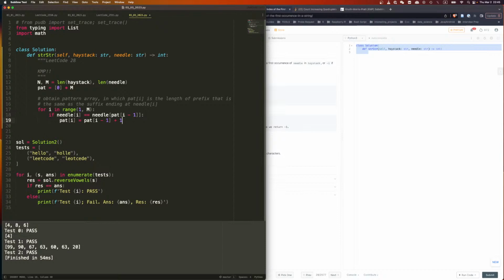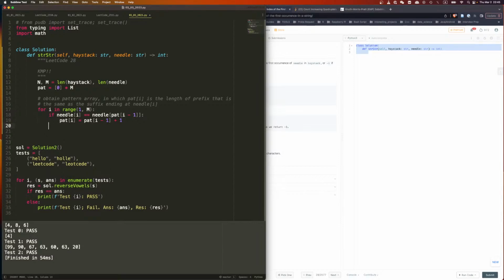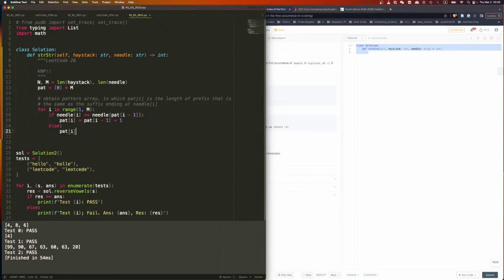So let's see. So this, they all follow, right? They all follow, and this doesn't follow, right? Then it has to be going to the front, right? So if it's else, then we need to compare to the front, right? We say else pat i shall equal to integer needle i is equal to needle 0, right? Which means we cannot match, right?